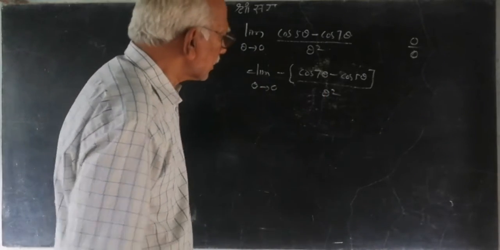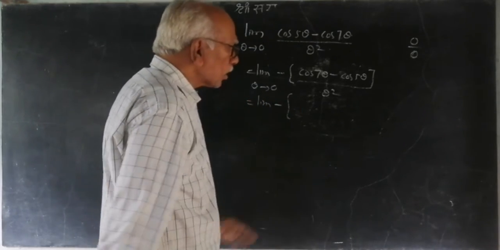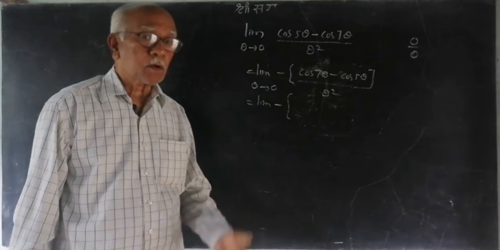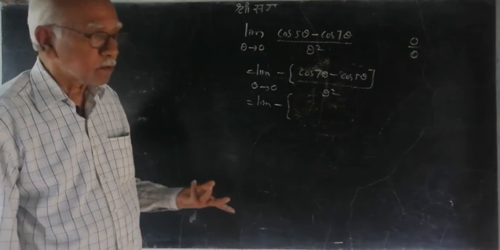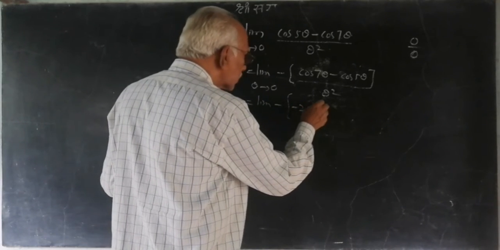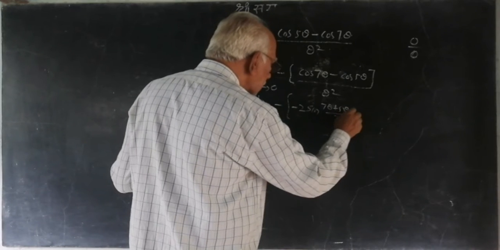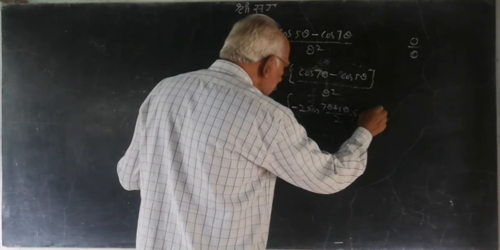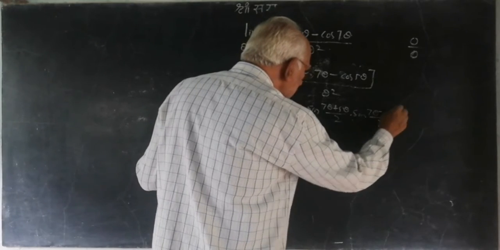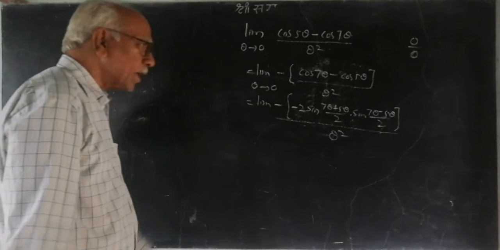Now let us write down the formula. Cos A minus cos B is equal to minus 2 sin of (A plus B) by 2 into sin of (A minus B) by 2. So it is minus 2 sin of (7 theta plus 5 theta) upon 2 into sin of (7 theta minus 5 theta) divided by 2, whole divided by theta square.